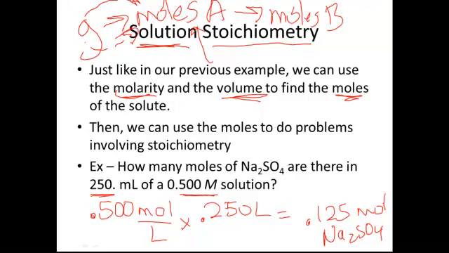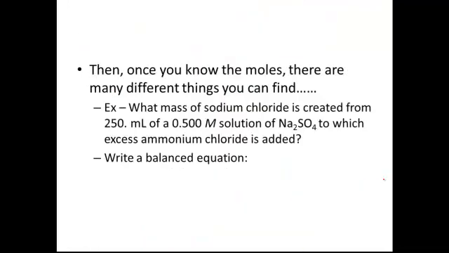Now, this is actually very similar to what we did in the past, where we converted our grams to moles. This is the beginning of the problem, because now, once we have our moles of sodium sulfate, there's lots of different things we can do with that. So, for example, let's use that same concentration and that same volume.